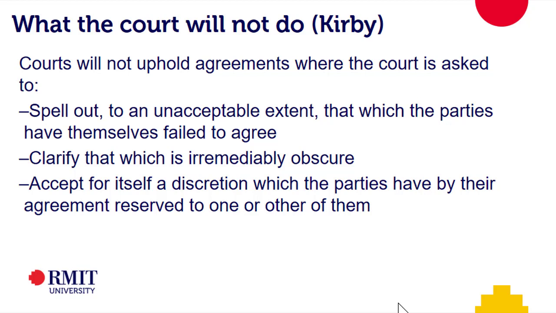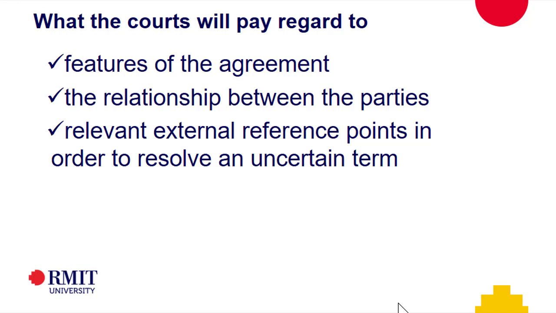If one party has a discretion, that party gets to exercise that discretion. But if that discretion is so unfettered that it renders the promise nugatory, to use that terrible term, the court won't step in. There just won't be a promise.